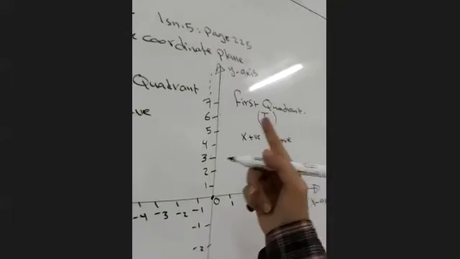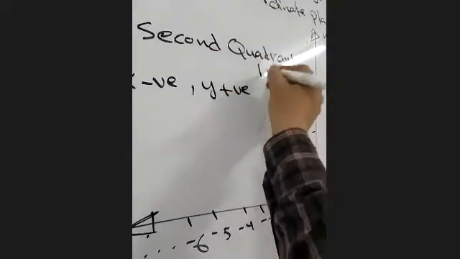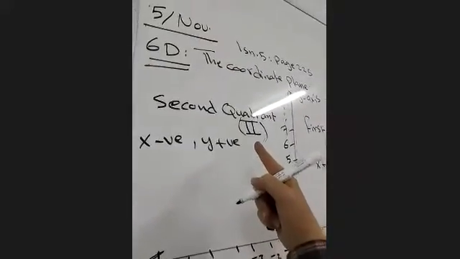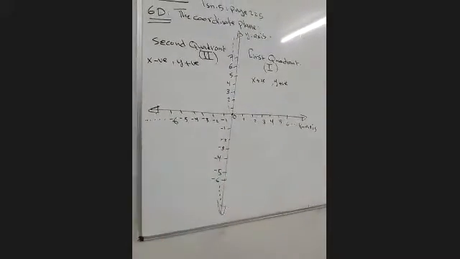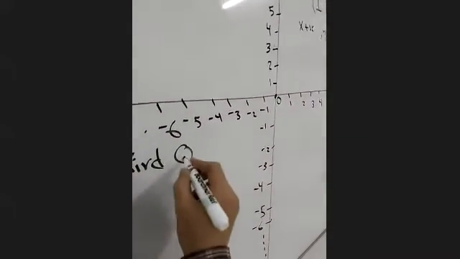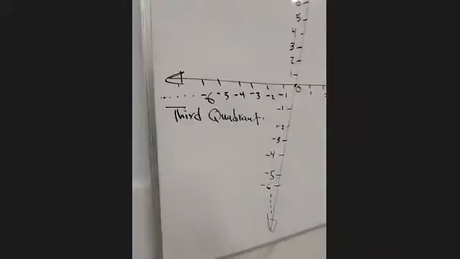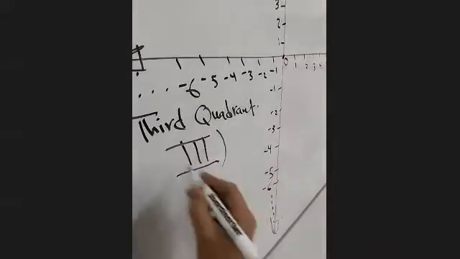The notation for the first quadrant is I. The notation for the second quadrant is double I, like this. Look. This means second quadrant. Now this area here, this section, we call it the third quadrant. Its notation is 3 I's like this together.